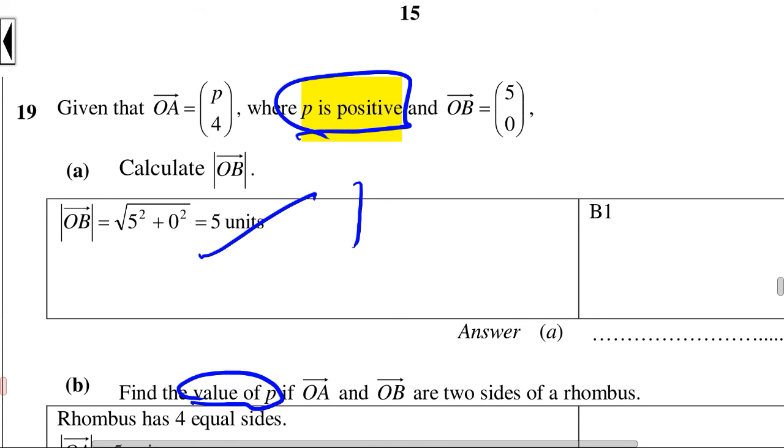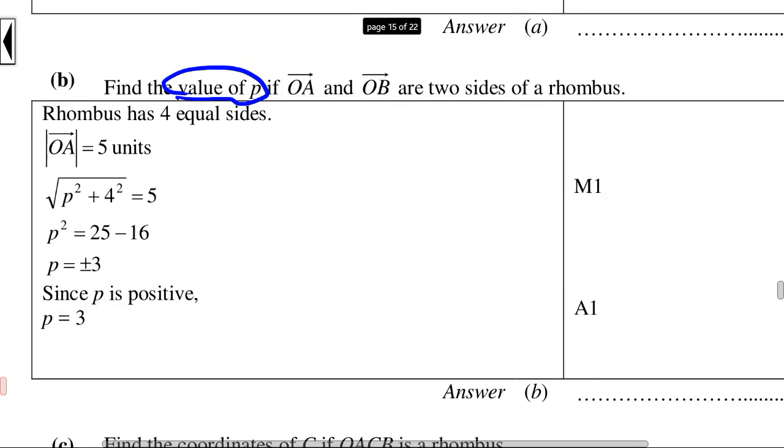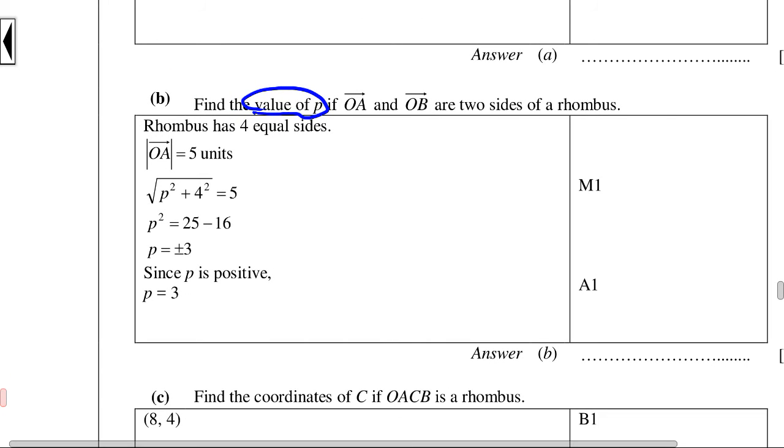So you must remember P is positive. If you put plus minus 3, that is 1 mark. So this is 1 mark, this is 1 mark. What gives you the clue that there's only one number? Value. If you say values, then you search for the number.